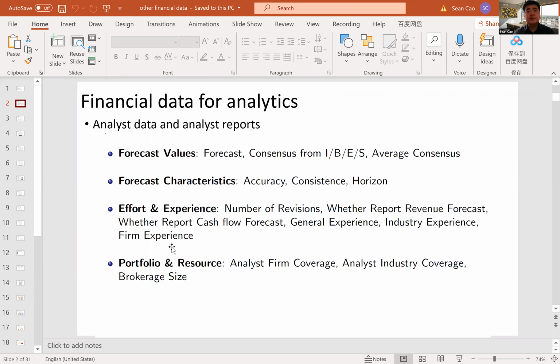What kind of information do we know about analysts? We know their forecast. We know the consensus. So what is consensus? Let's say Google. There are at least 40 analysts who follow Google and give forecasts of Google's future performance. When you take the average of the 40 analysts, that's called consensus.